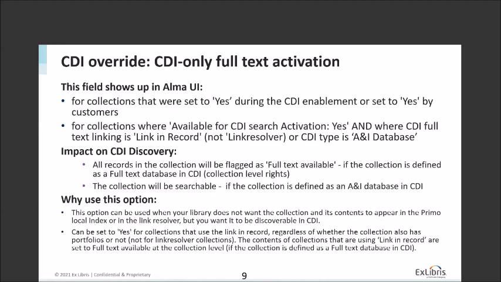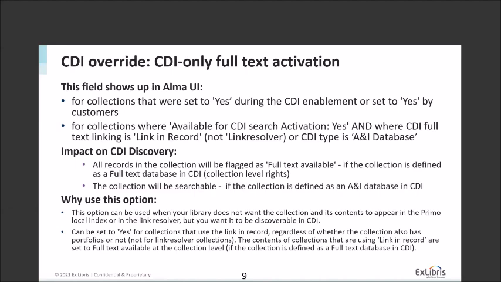So they're indexed in CDI, you can search for them, and the linking is via the link in the records. Also, in case the CDI type is ANI database, you will be able to do this CDI only full text activation. So this is when the field shows up.